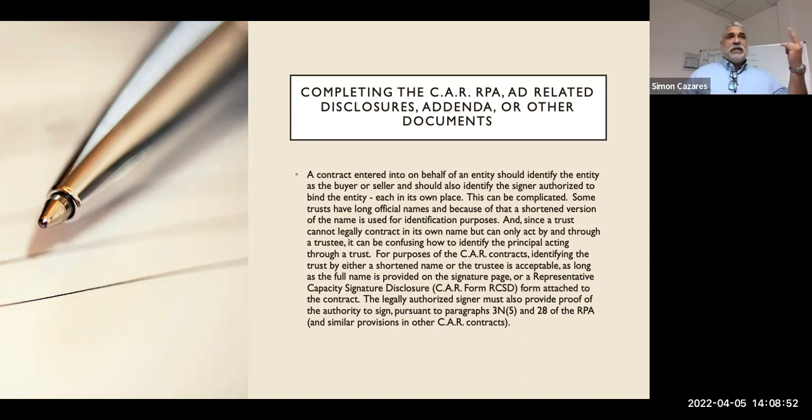Let's say it's a husband and wife. Husband passes away, then most of the assets will revert to the wife, or vice versa. Or let's say it's a new relationship, right? But they have existing children from a previous relationship, maybe children from their first wife. Now they're in a second relationship, and now they merge two families together.